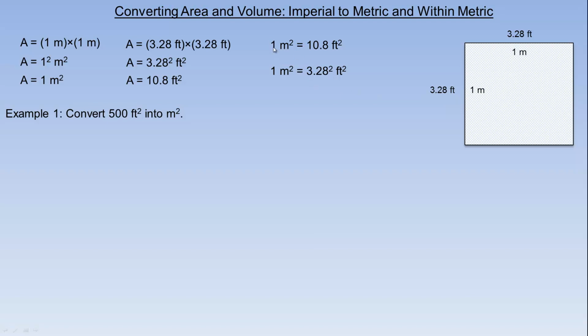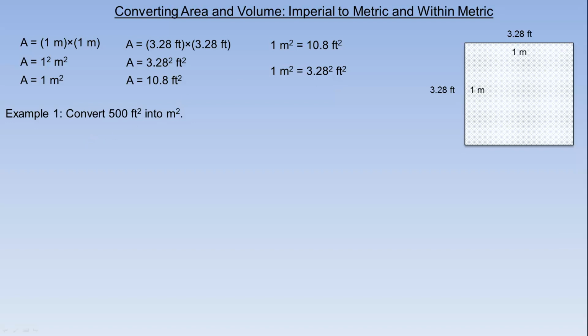We could use this one here, but it's just another factor to remember. So go to the linear conversion factor. 1 meter is 3.28 feet, so 1 square meter would be 3.28 squared square feet. Use that fact, and I'll use that in the second example when we're doing volume too. That same concept, but it's volume, so it's a little bit different.